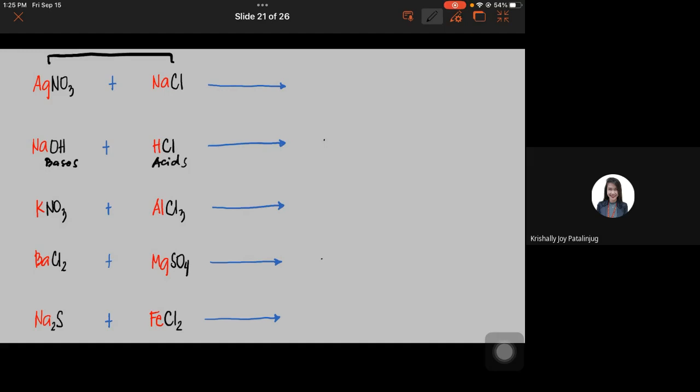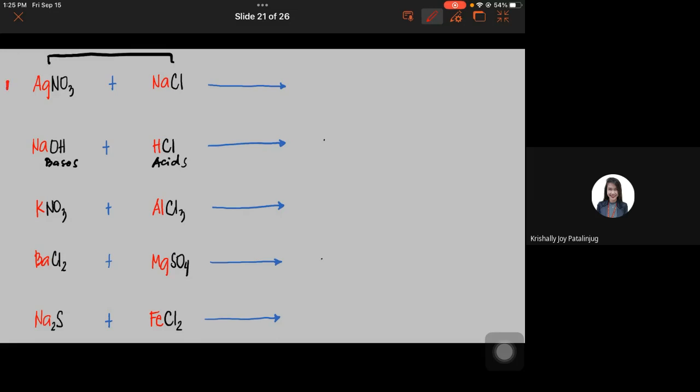But those are the components on the reactant side for double displacement. You are reacting ionic compounds, acids, or bases. Okay, so let's make use of the concept of double displacement to predict the products. What could be the possible products out of this reaction?